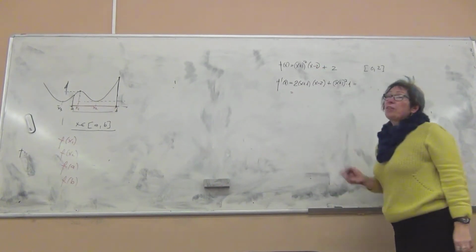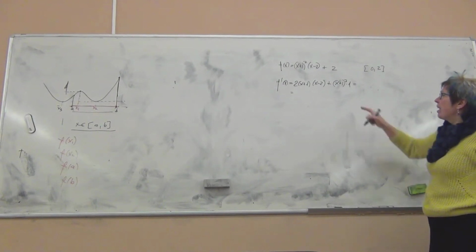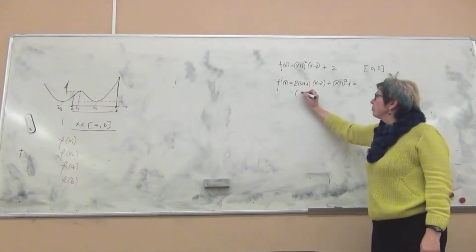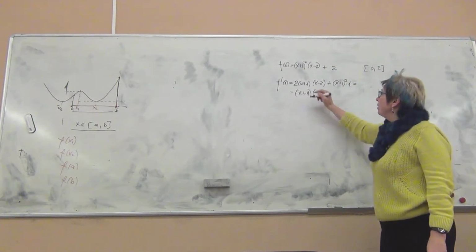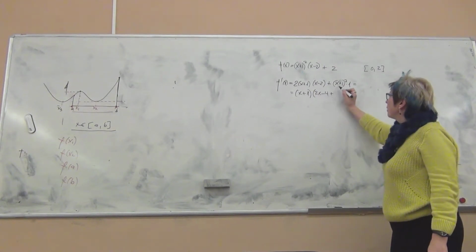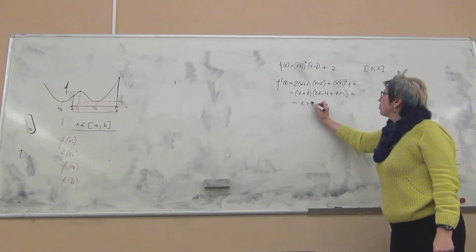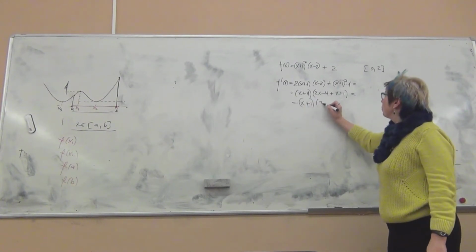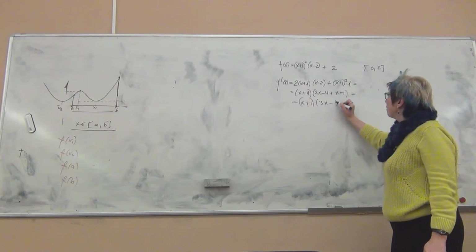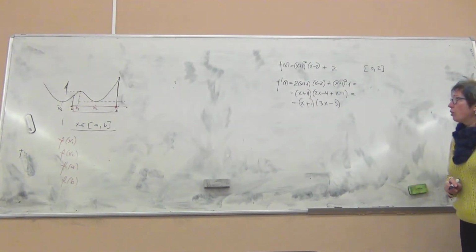So to make things easier, I can factorize this. I can take x plus 1 outside. And inside 2 times this is 2x minus 4 plus again x plus 1, which is (x plus 1) times (3x minus 3). All right. So this is the derivative.